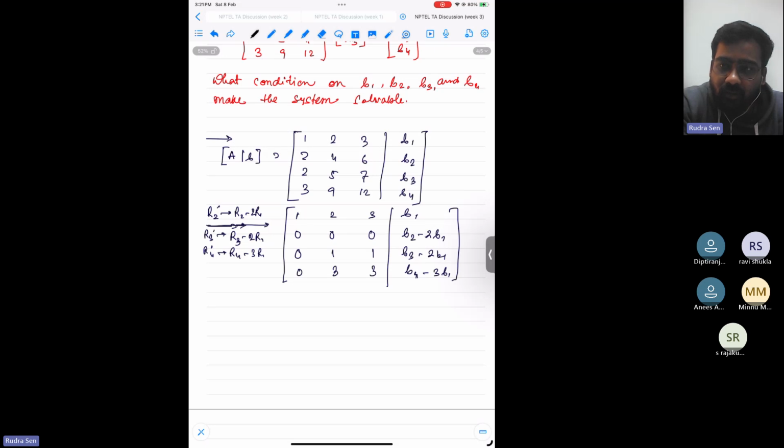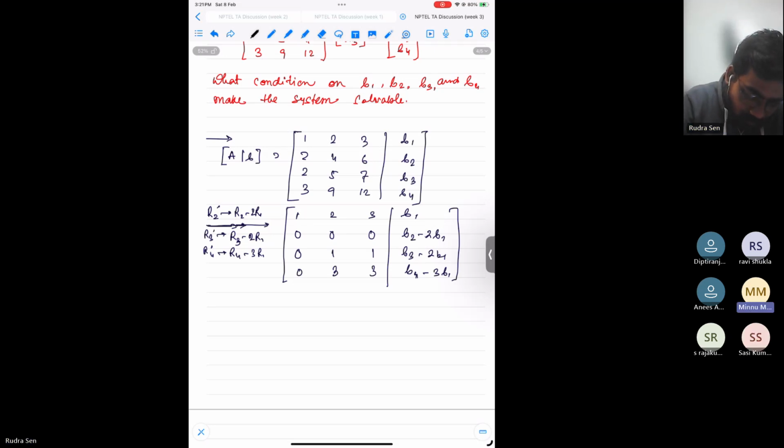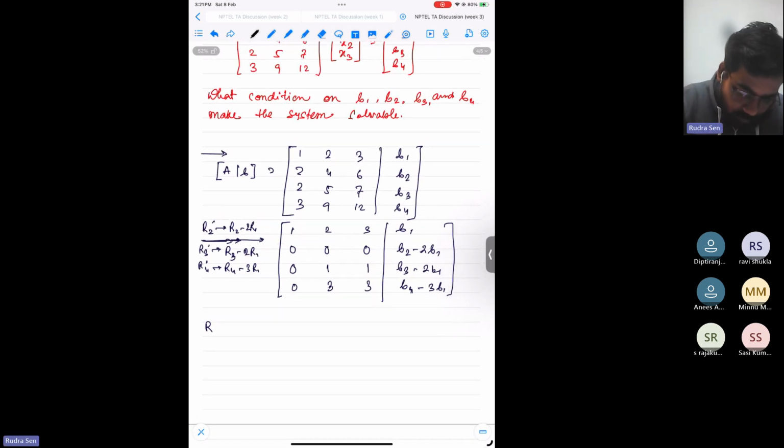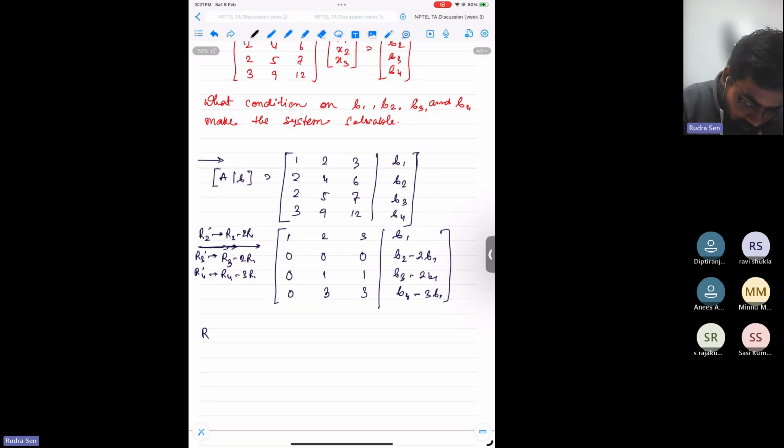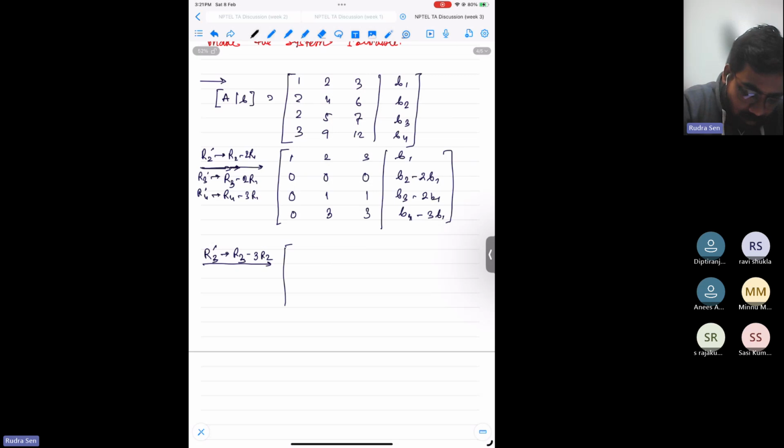Here we have to do a row exchange. Before the row exchange, I just want to do another row operation. Basically I change R4 to R4 minus 3 R3.